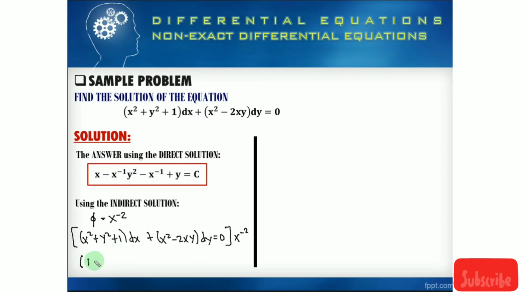Plus next we have x raised to the negative 2 times y squared, so it is just x raised to the negative 2 y squared, and the next term will be x raised to the negative 2, and this is dx. Plus this term here, we have 1 minus 2x raised to the negative 1 y, dy, is equal to 0.